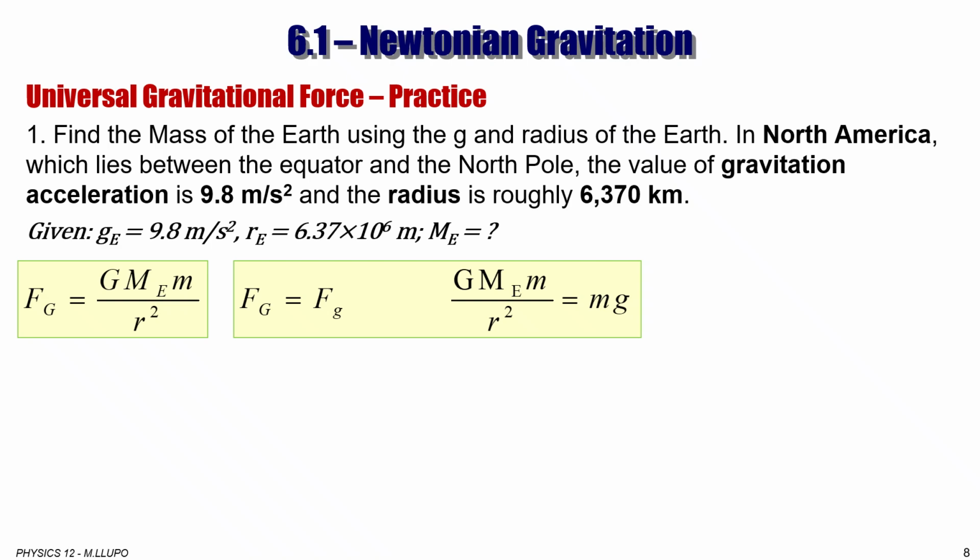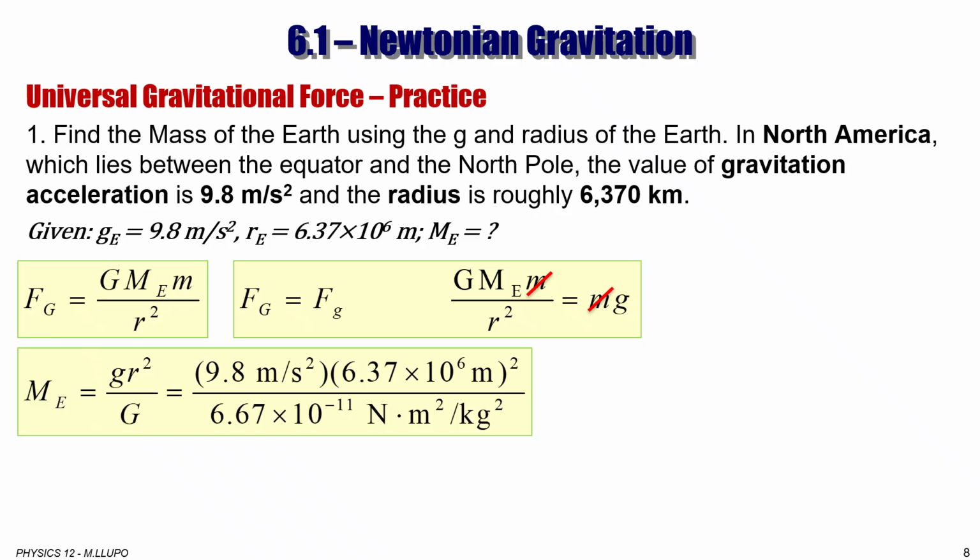So by making those two forces equal to each other, because it's the same thing, G times the mass of the Earth times the mass of the object over r squared is equal to mg. And as you see, m and m cancel, so you don't really need the mass of the object at all to determine the mass of the Earth.